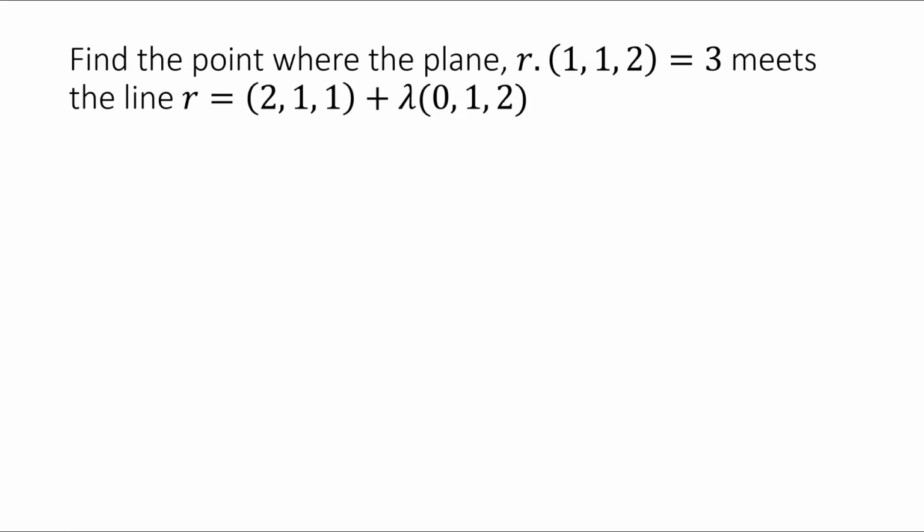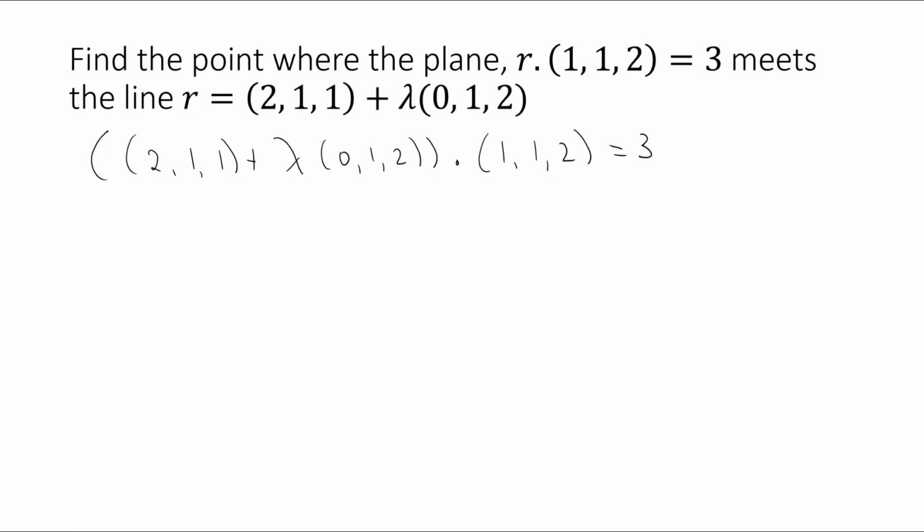And what we know, or what we should know, is that at the point of intersection, R must satisfy both of those statements. So if we set that out, and then dot 1, 1, 2 is equal to 3.